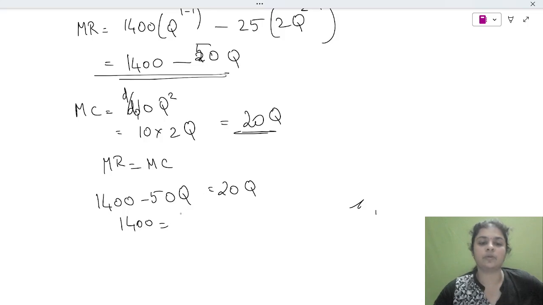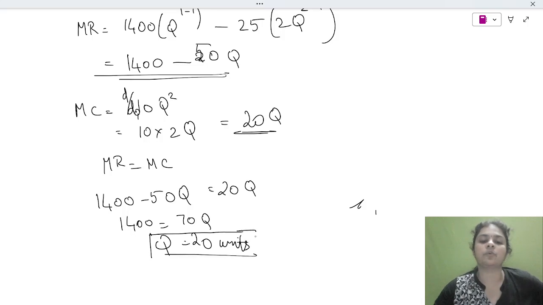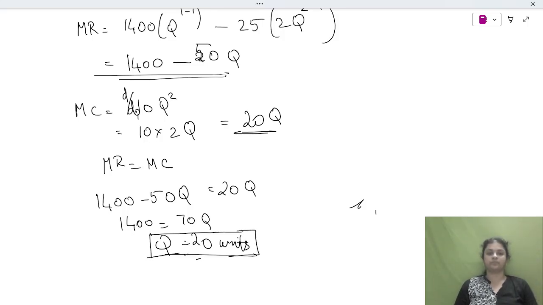Take 50Q to the other side: 1400 is equal to 70Q. Q is equal to 20 units. So equilibrium units is 20 units. That's all. Differentiate total revenue to find marginal revenue, differentiate total cost to find marginal cost, and then equate them to find the equilibrium quantity.